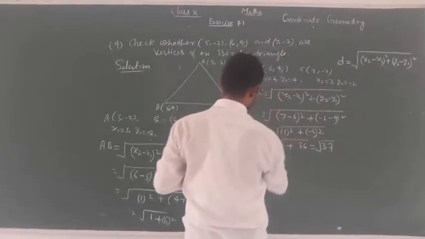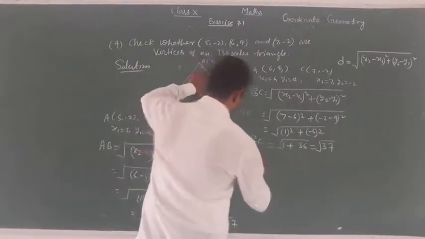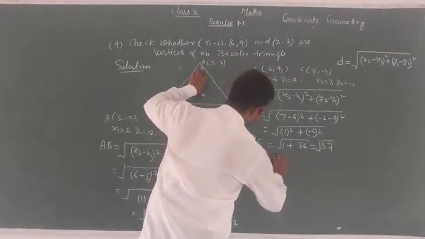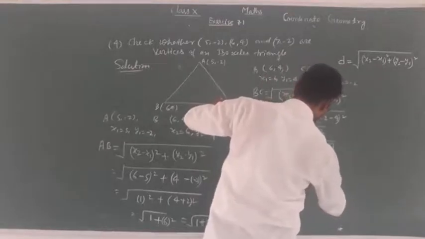So that is the distance of BC. And also the distance of AC: point A is (5, -2) and C is (7, -2).